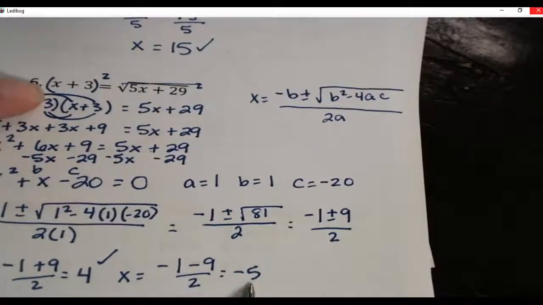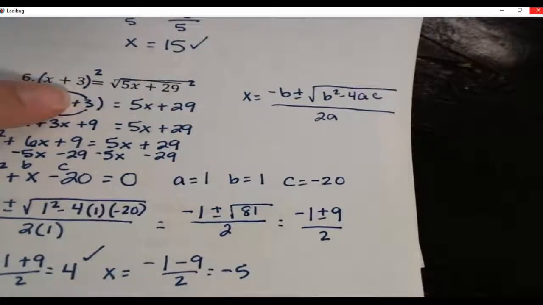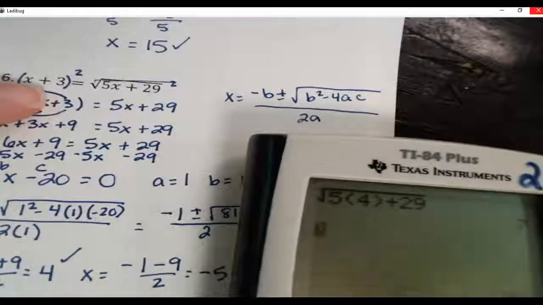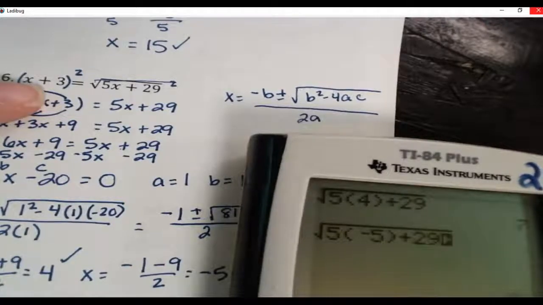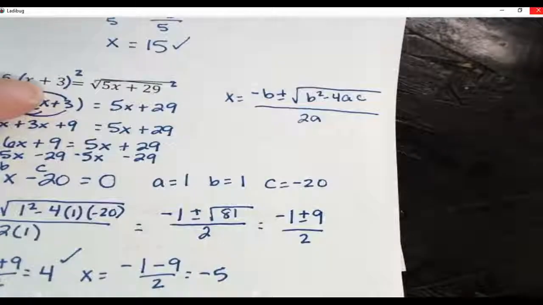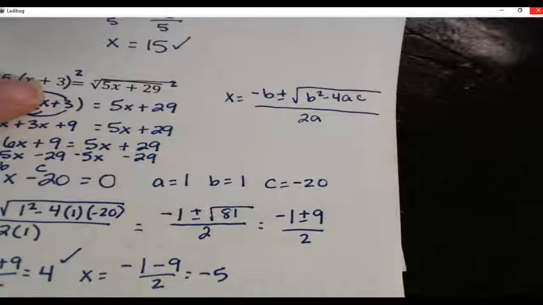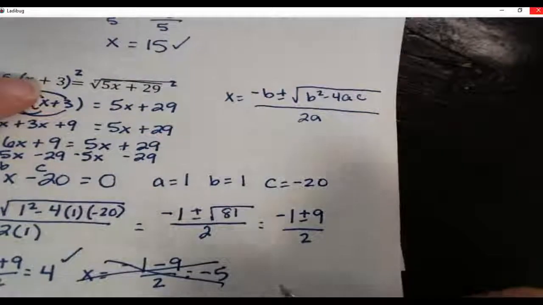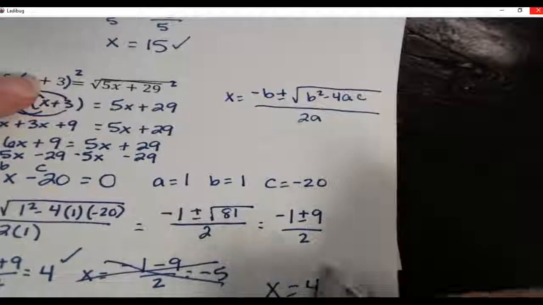So -5 plus 3 is -2. So then I need to see if this other side is going to give me -2. Is it? Because it can't give me a negative, it has to give me a positive. So it gives me +2. Does -2 equal +2? No. So the -5 does not work. So then your only answer is x equals 4.